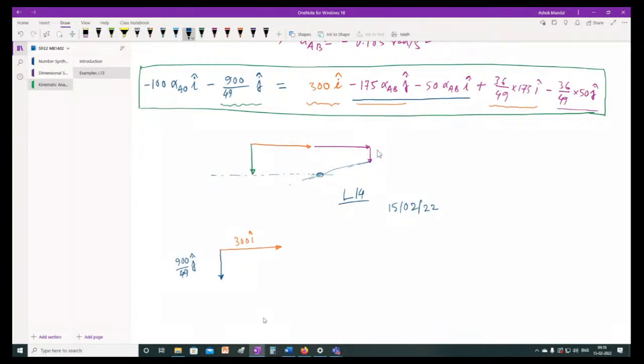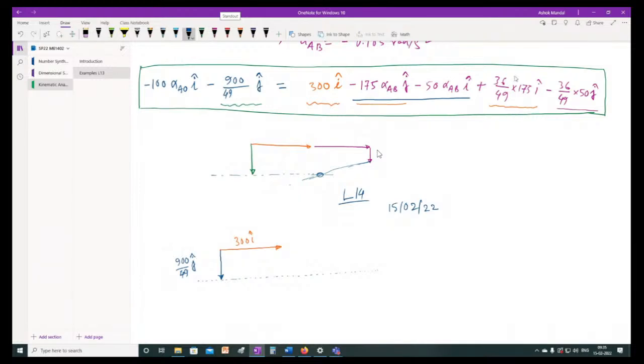And then we have this component, which we don't know its magnitude, but what we know is its direction. Its direction is along I, right? So you draw this. Now we have to draw these two components.